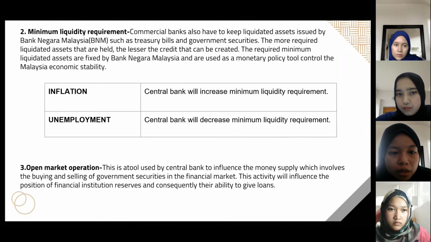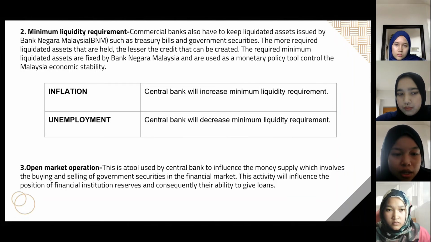The required minimum liquid assets are fixed by Bank Negara Malaysia and are used as a monetary policy to control Malaysia's economic stability. For inflation, the central bank will increase the minimum liquidity requirement, and for unemployment, the central bank will decrease the minimum liquidity requirement.